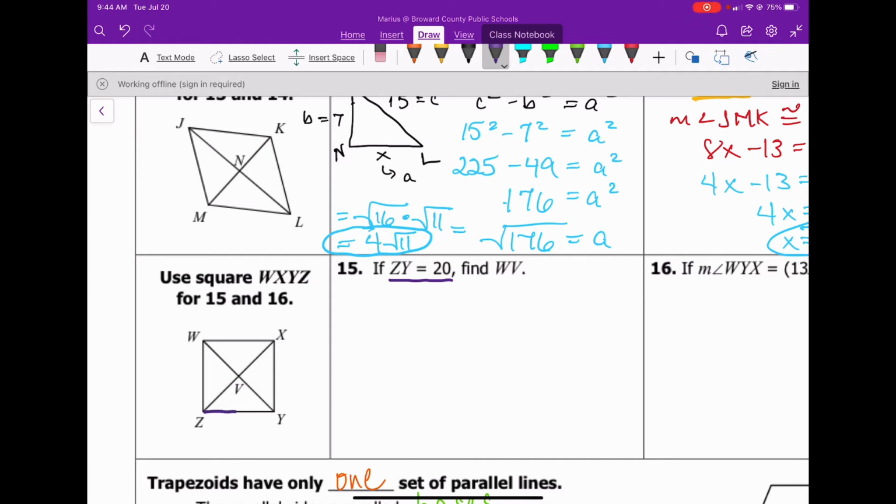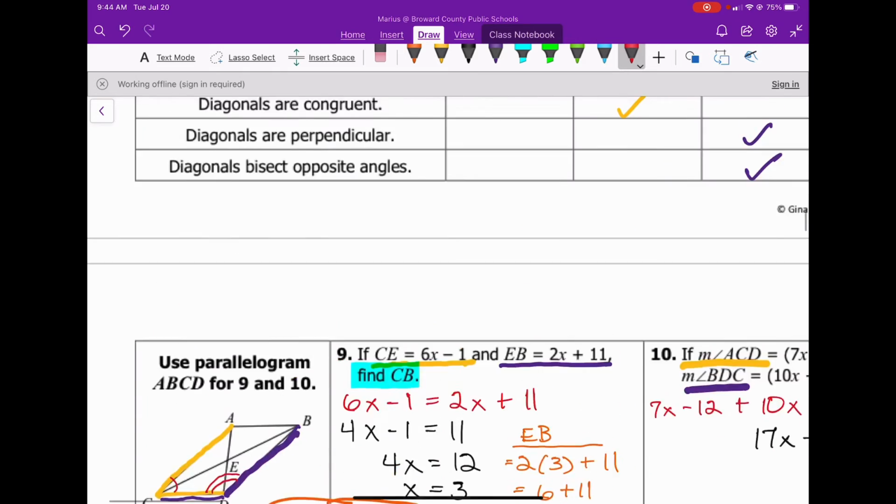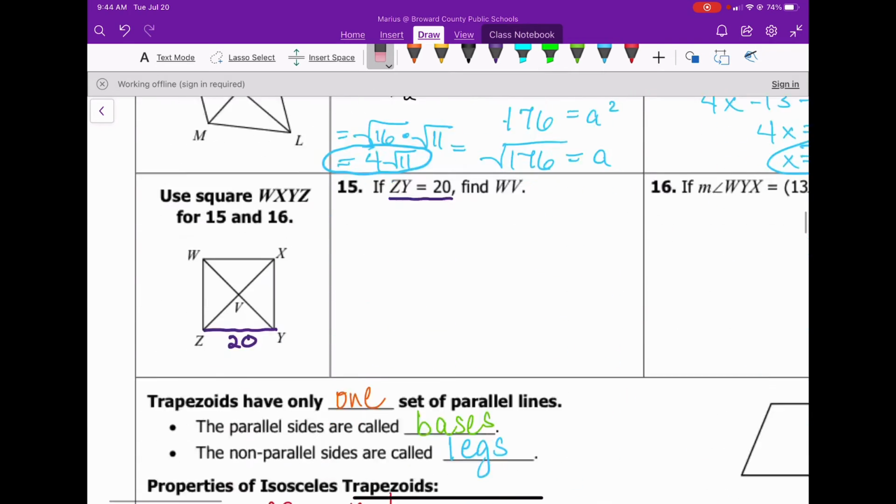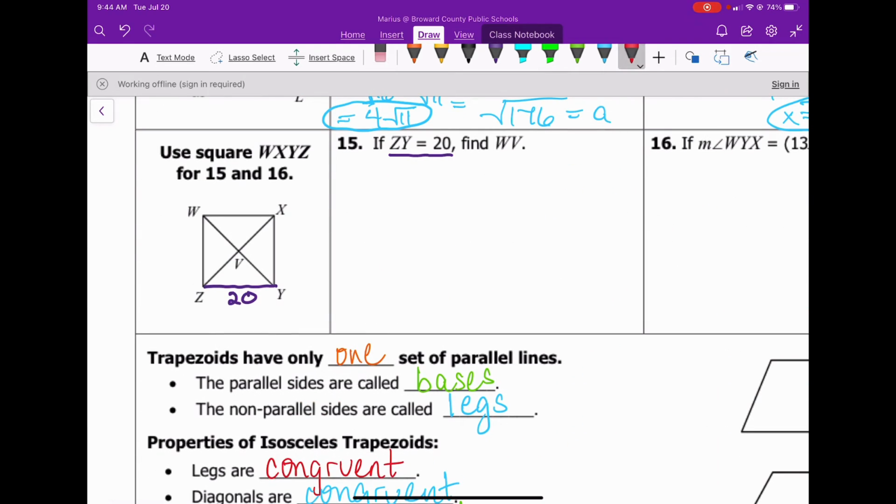Once again, we'll start off with ZY is 20. Now, we already know that the diagonals bisect each other and they're perpendicular. Perpendicular means they intersect to make 4 right angles. So right here, there's a right angle. And matter of fact, let's use another one.